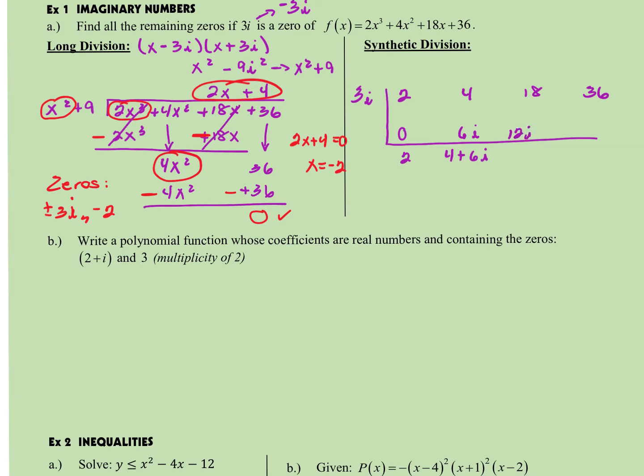And then it's going to be 3i times 6i, and that's going to be a plus 18i squared. Now, of course, 18i squared is really the same as a negative 18, because i squared is a negative 1. So when I add these together, these 18s are going to cancel, and I'm left with the 12i here.